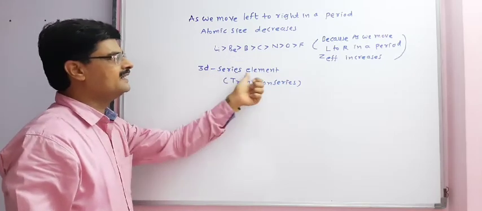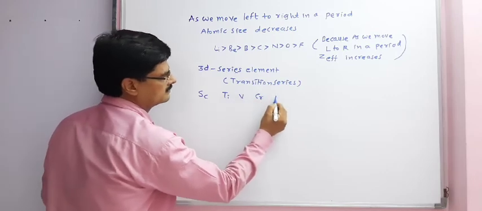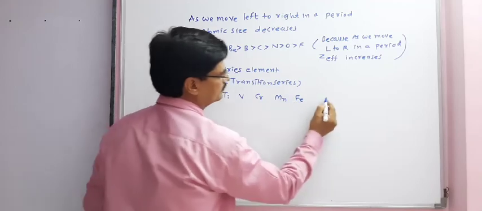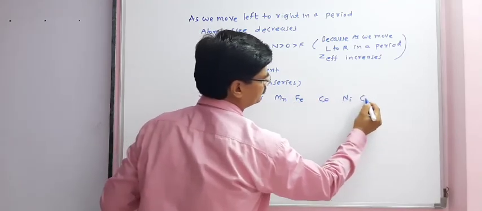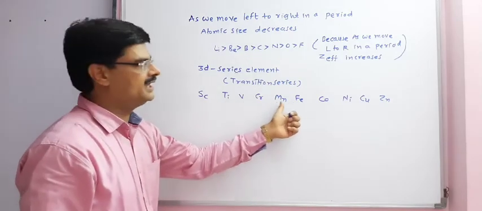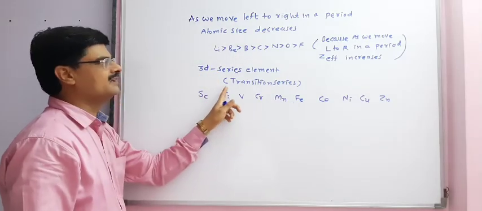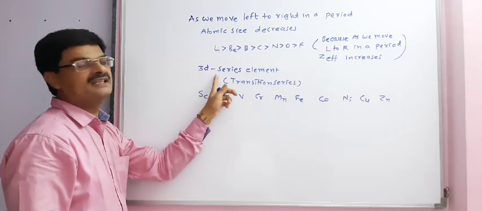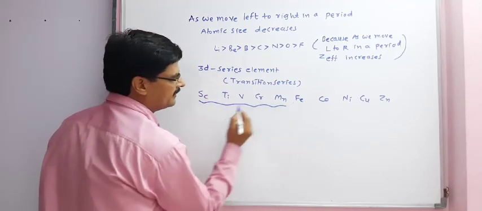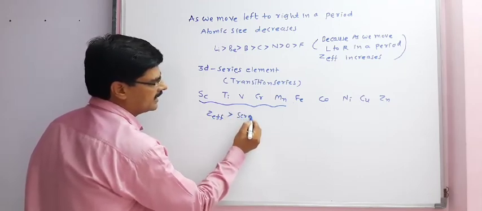But for the 3d series elements, we have Sc, Ti, V, Cr, Mn, Fe, Co, Ni, Cu and Zn. These are the elements present in first transition series or say 3d series. Now for Sc, Ti, V, Cr and Mn, Z effective is greater than screening effect.